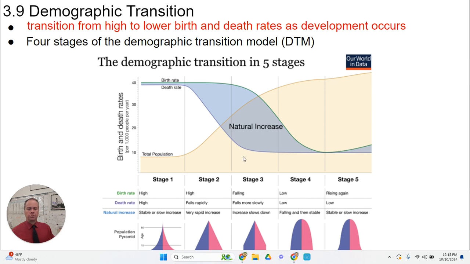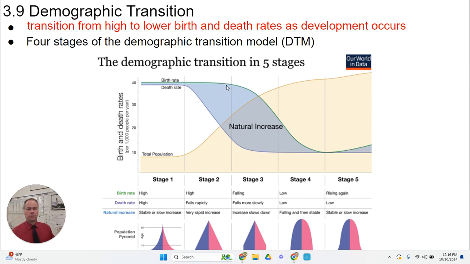As we shift into stage 3, as countries continue on this line of economic development, we see birth rates start to decline. This could be due to several reasons. One might be better access to family planning and contraception. It could be due to more educational opportunities for women in these areas. It could be due to the delay of first marriage or childbirth.